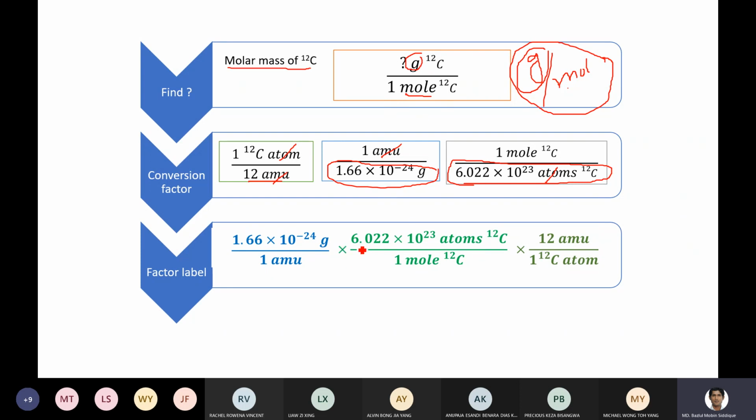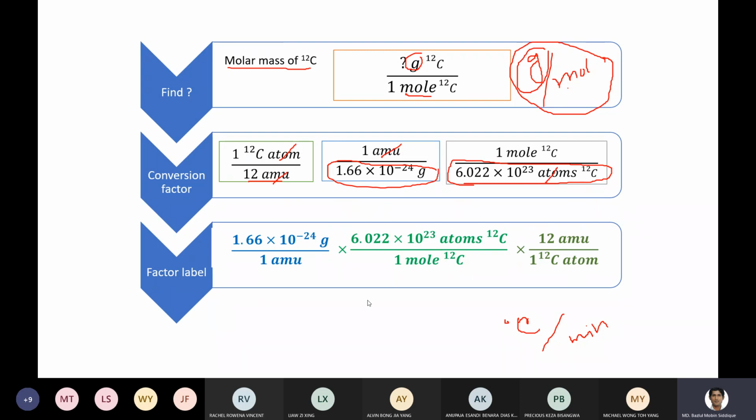Let's say it is degree centigrade over minute, right? Over minute. So we have to arrange it so that we keep degree centigrade in the numerator and minute in the denominator.